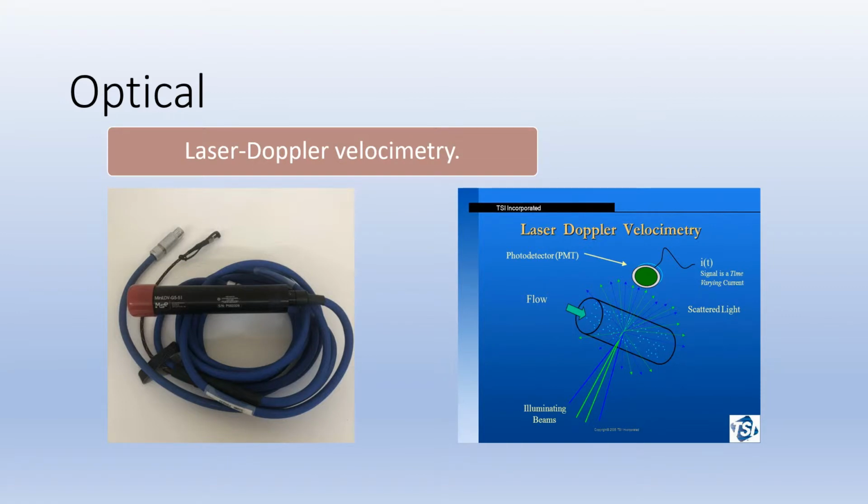A laser Doppler velocimeter, also known as the laser Doppler anemometer, is a type of interferometer which measures the velocity of objects using laser lights.